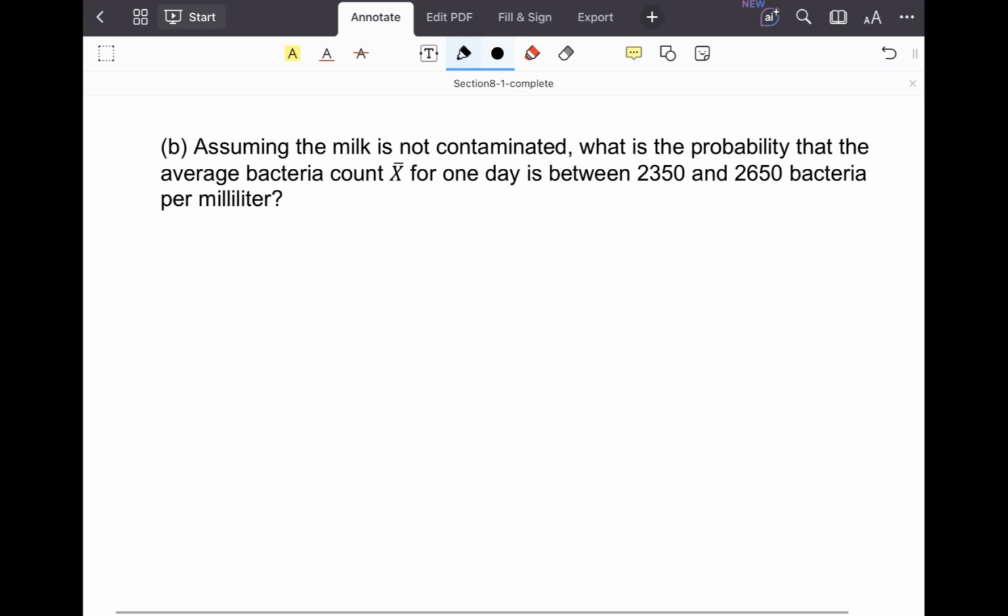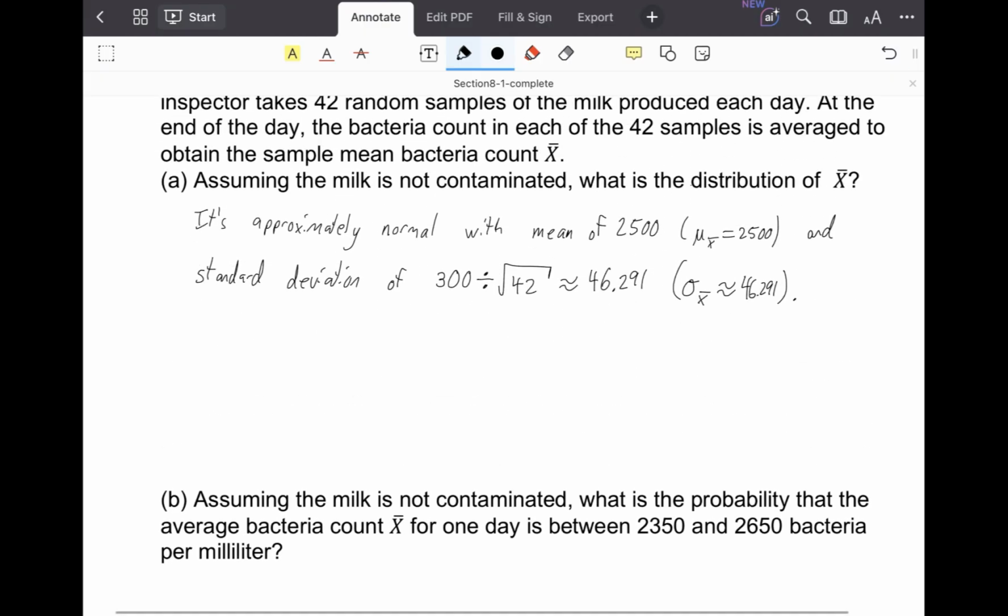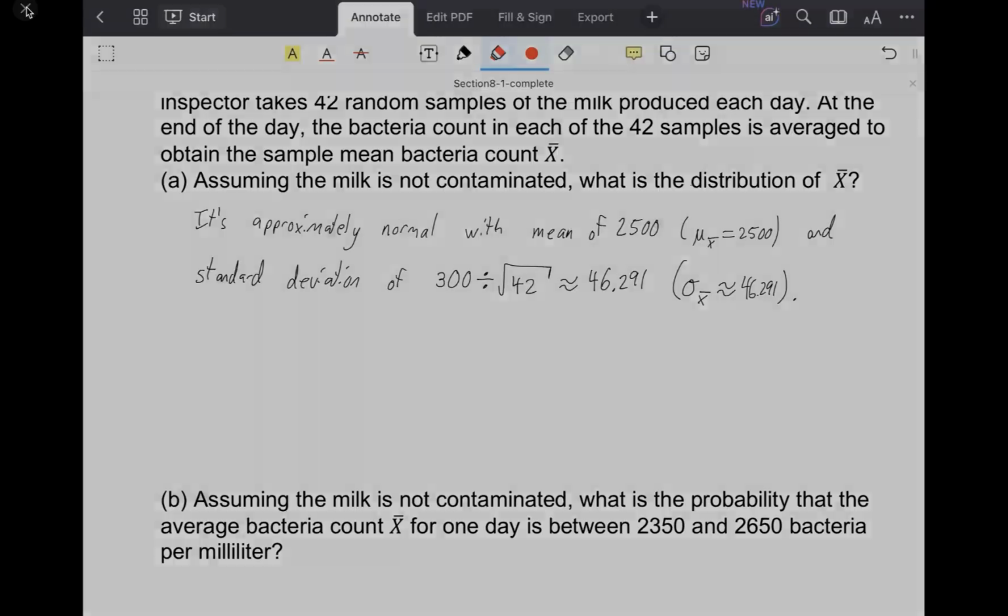Now, assuming the milk is not contaminated, what's the probability that the average bacteria or mean bacteria count X bar for one day is between 2350 and 2650 bacteria per milliliter? Okay, so this is giving us our limits, those two limits, and we're going to use this mean and the standard deviation and get our probability.